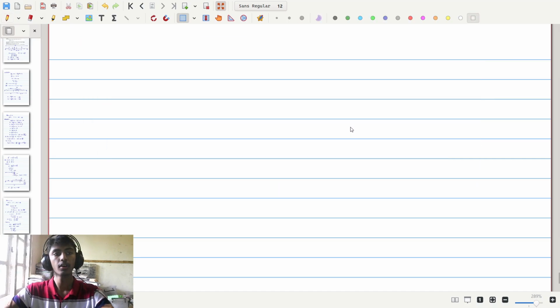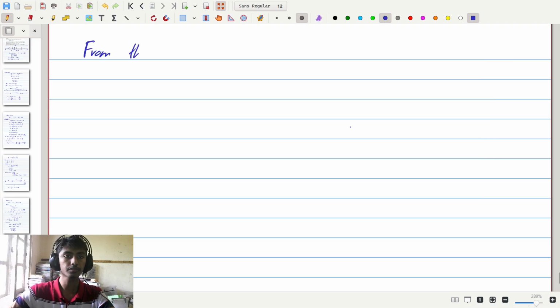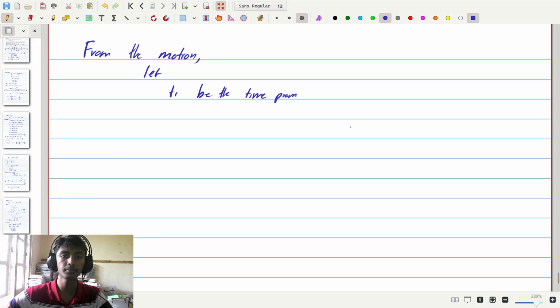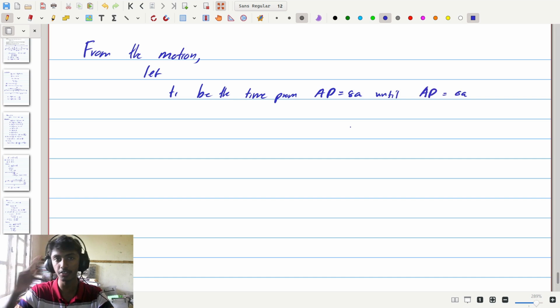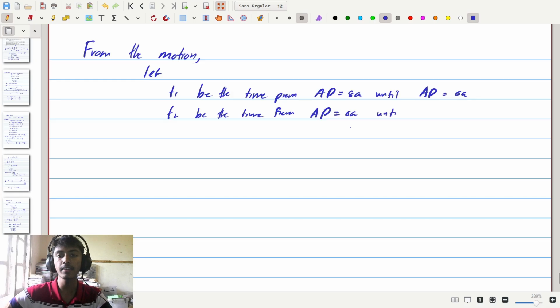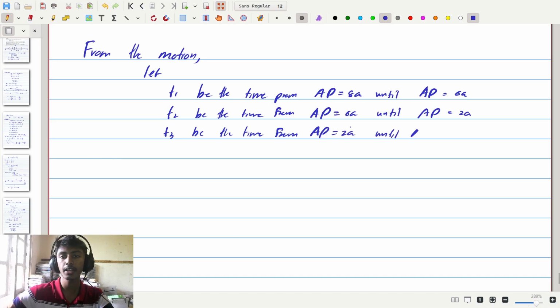So if I write that down, we're going to let t1 be the time from AP distance equals 8a, which is the starting point, until AP distance equals 6a, which is the point at which we cut the string, and then t2 be the time similarly from AP equals 6a until we lose tension in the string, which is going to be AP equals 2a, and then t3 be the time from AP equals 2a until AP equals 0.